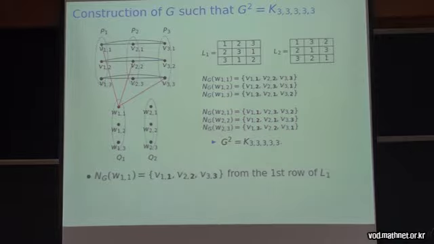I'm assuming you're using the definition, but you aren't using any particular construction. You can take a different set of orthogonal Latin squares, not the one that you gave. So far, to get this K333, you can take any orthogonal set.